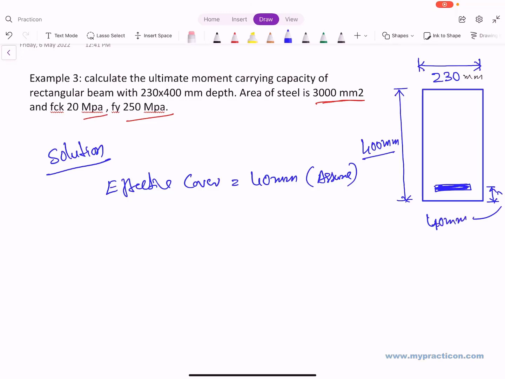So now effective depth equals total 400 minus the effective cover 40, which is equal to 360 mm. We can name it as D.